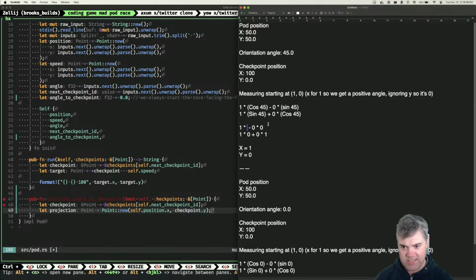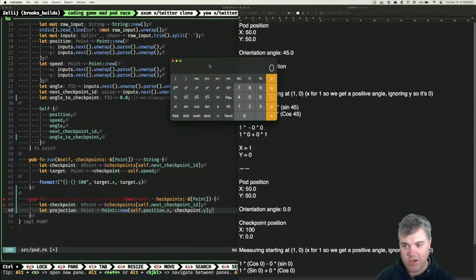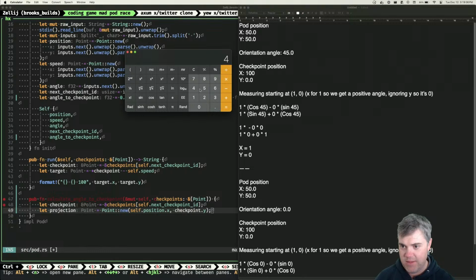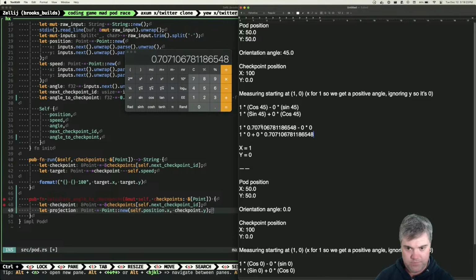So this is going to be 1 times, and then let's bring up that calculator that has never ever pointed us wrong. So we have 45, that'll be the cosine of that. So that's what, 0.70. That's also the same for this one here. And then we have sine of 45. Oh, is that the same?